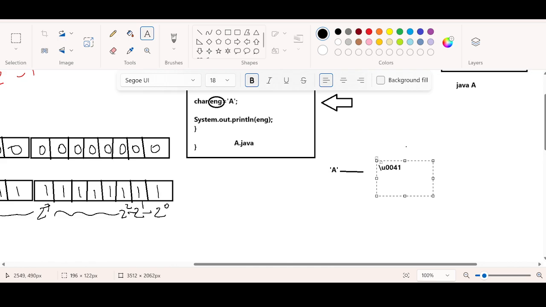So this is the equivalent Unicode for the character A. These things are already there in the Unicode system. Each and every letter in any language has been mapped to a particular Unicode.